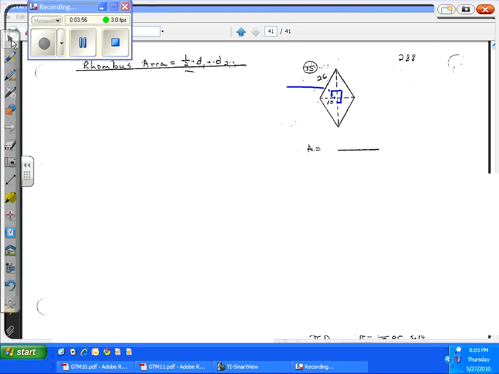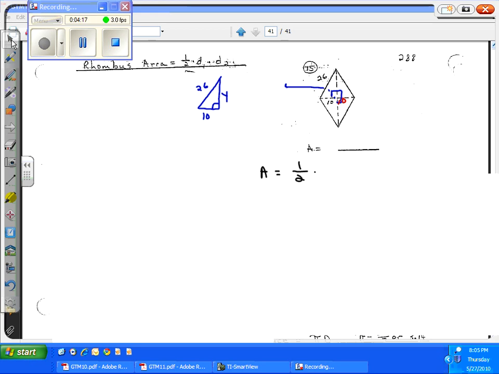So if we extract this right triangle, we have 26 and 10, and we'll call y half of the one diagonal. Now we know the diagonals bisect each other, so if this is 10, then this is 10, so we do have one of our diagonals.